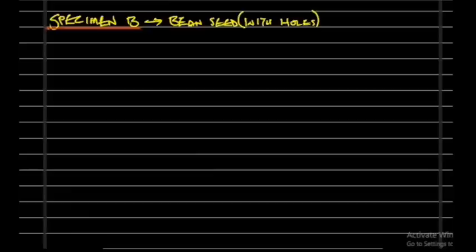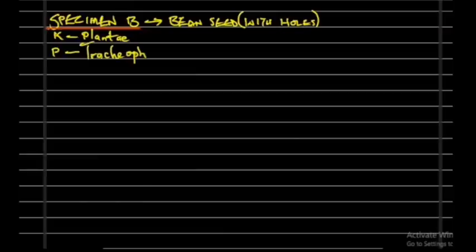First and foremost, we talk about their scientific classification. So we start from this. The kingdom is Plantae, because it is a plant, and then the phylum is Tracheophyta. We have the class to be Angiosperma.